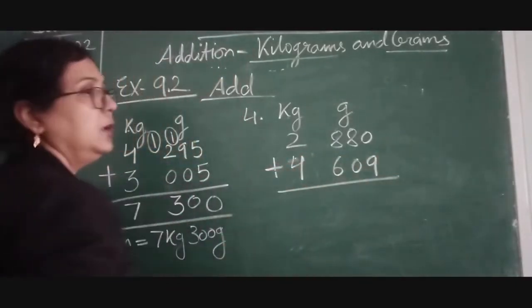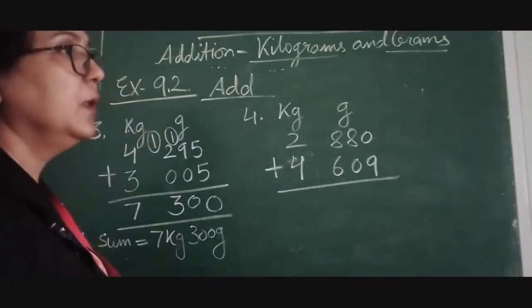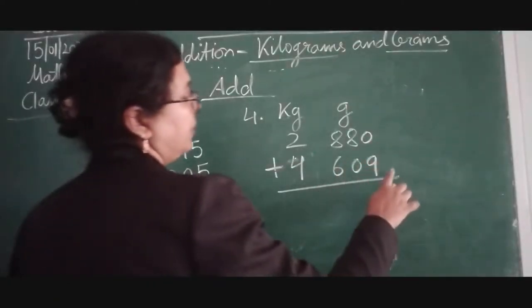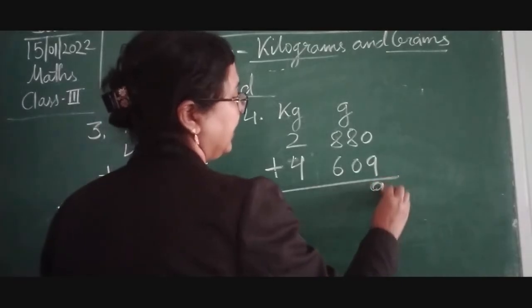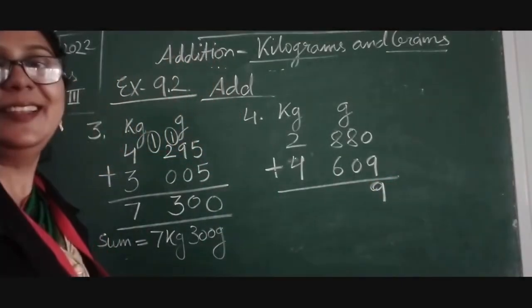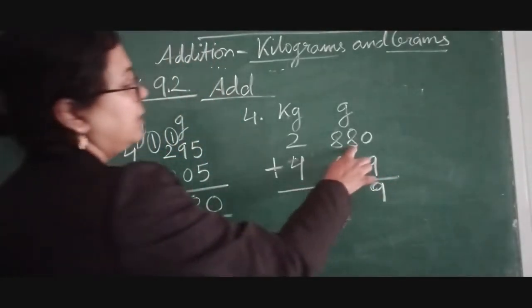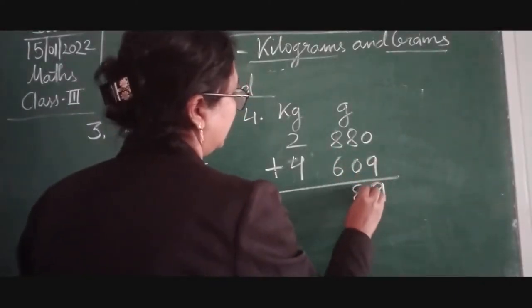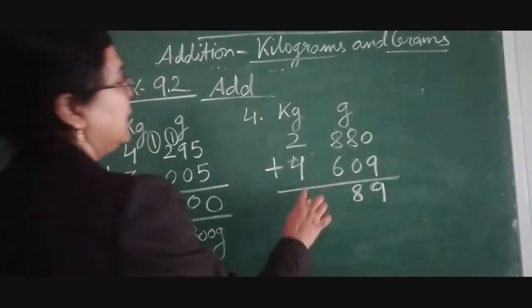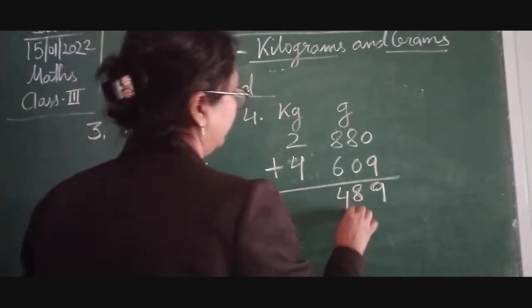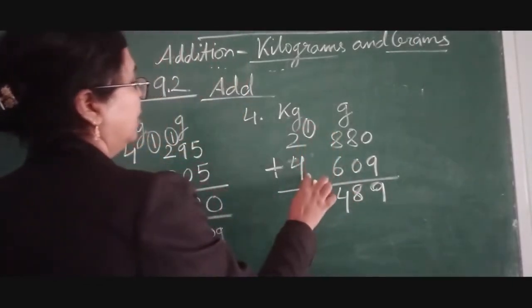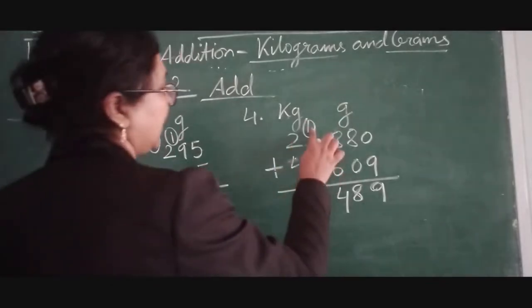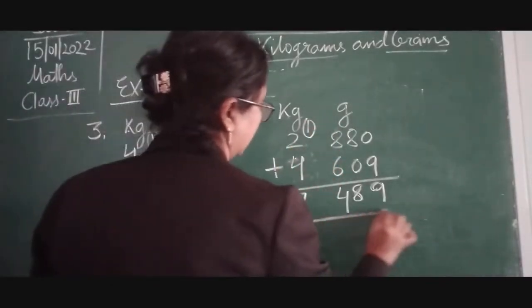So now children add this. Okay, so 0 plus 9 we will get 9. Okay children, now 8, 0, this is 8. Okay, now 8 and 6, 9, 10, 11, 12, 13, 14. 4 is there, 1 is carry over, 4 and 2 is 6 and 1 is 7.